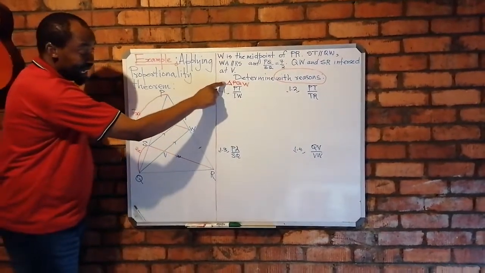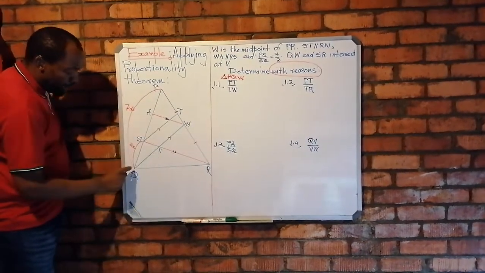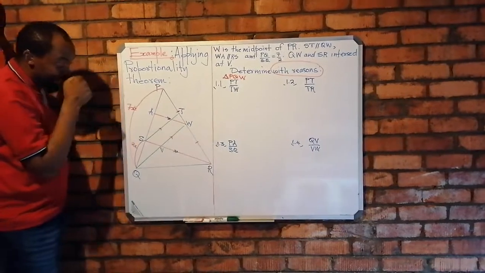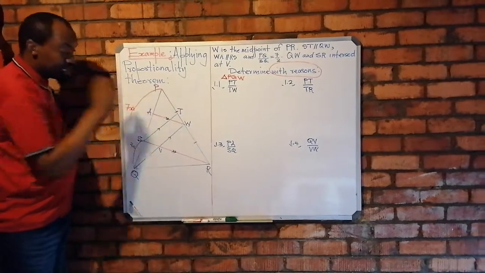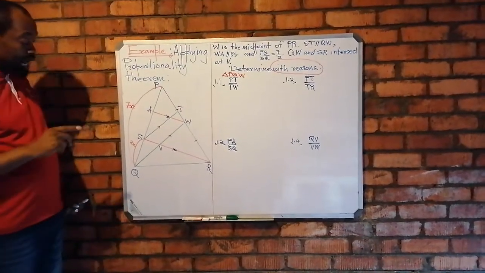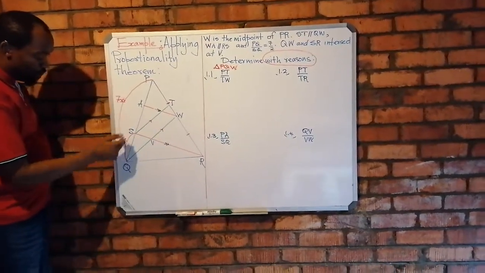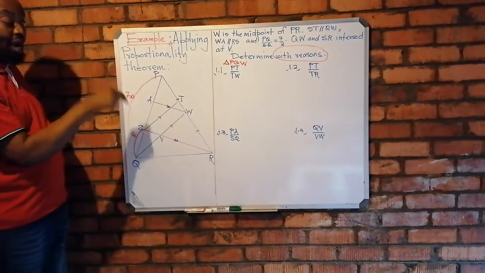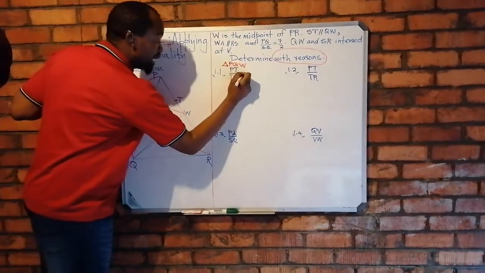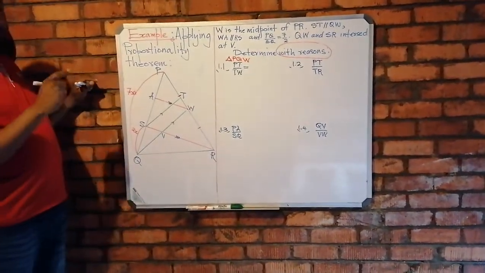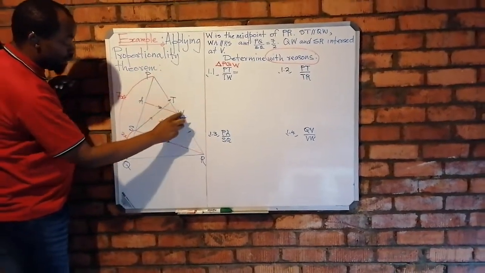What is happening in this triangle? Can you see that a line is drawn parallel to that side of the triangle? That means that this line divides these two sides in the same proportion. Now, another important thing, the given information must help me to determine what I'm looking for. Now, from the theorem, I'm going to say PT divided by TW. I'm talking about PT divided by TW.